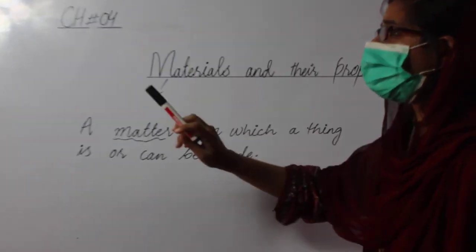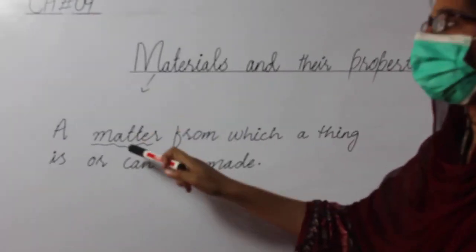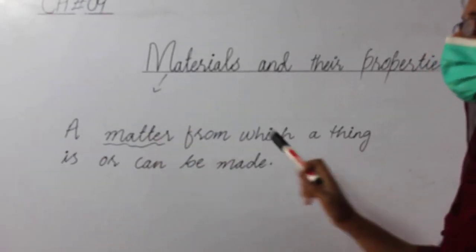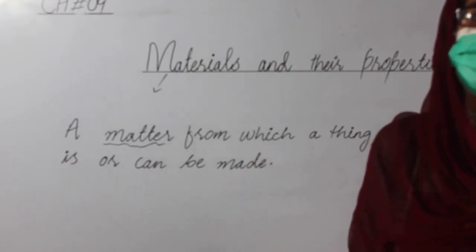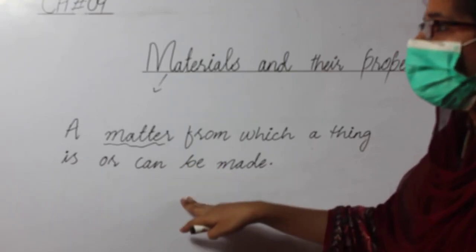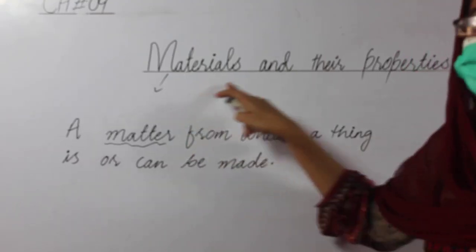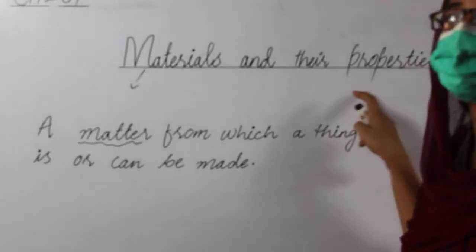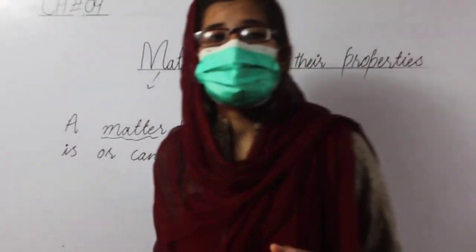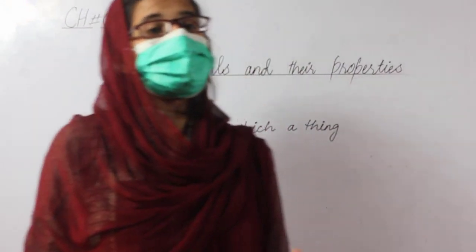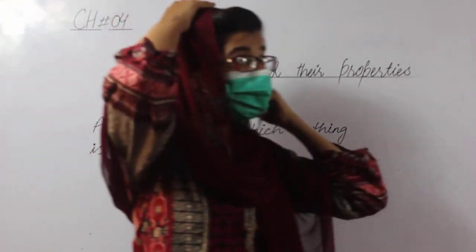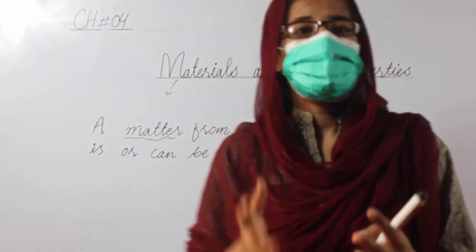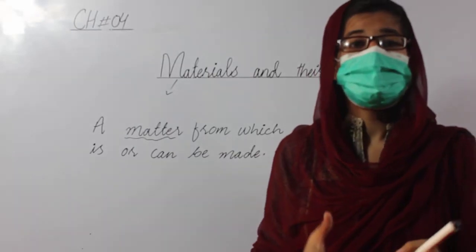Now, material: a matter or a substance from which a thing is or can be made is called material. In this chapter we have learned about materials and their properties, their characteristics. Materials can be pure or impure.